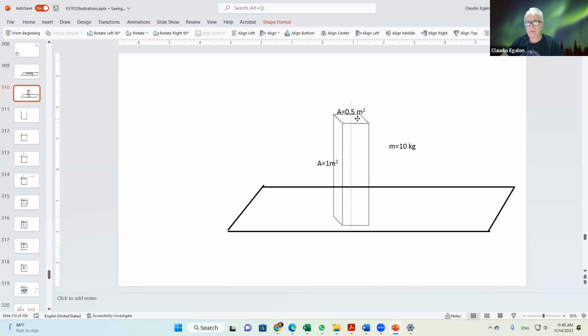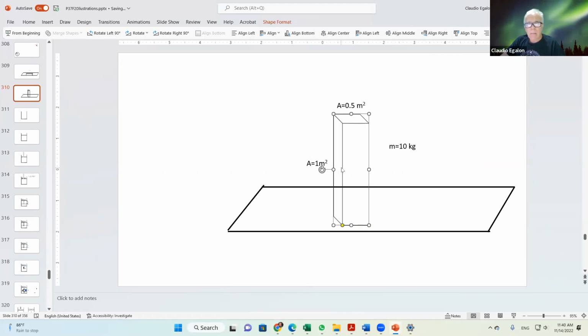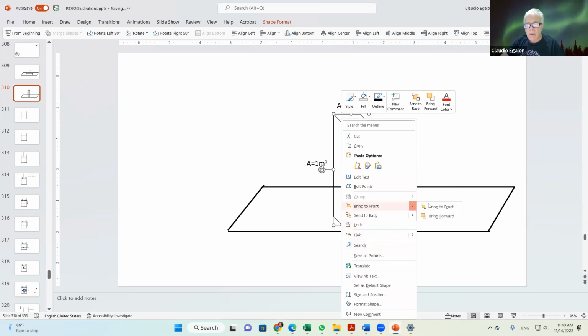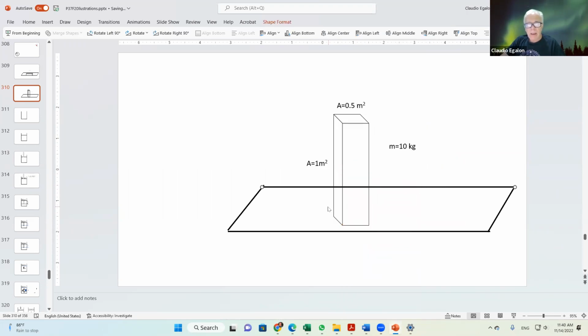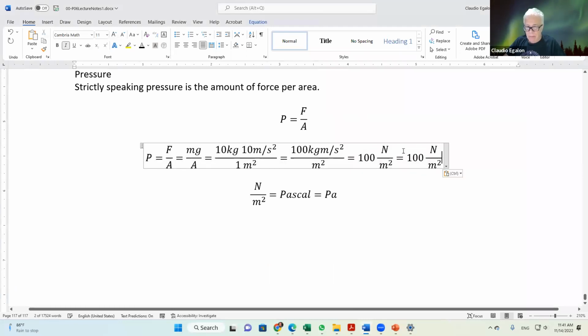This one is half square meter, right? Now we have a smaller area for the same force. So it's the same mass over a different area, right? A different orientation.